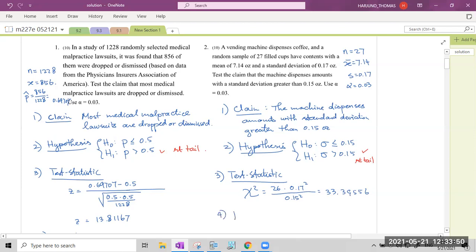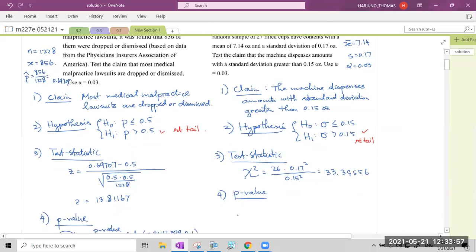And then p-value. That's chi-squared distribution, and that's right tail, 33 something.